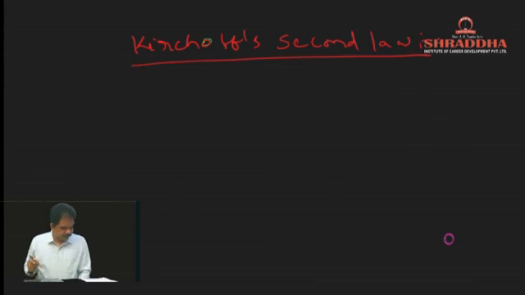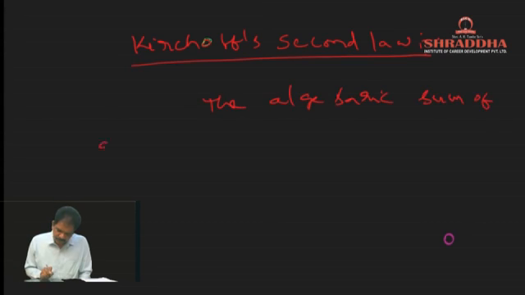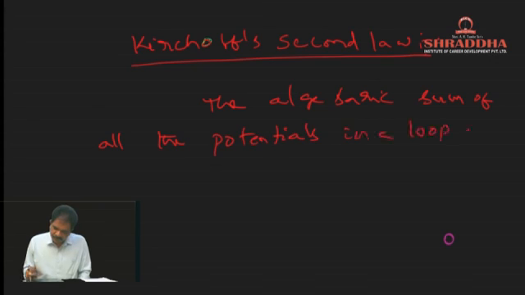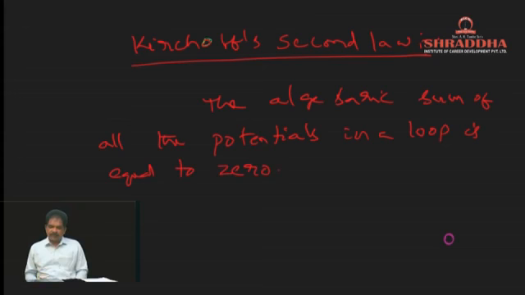According to this law, the algebraic sum of all the potentials in a loop is equal to 0. The algebraic sum of all the potentials in a loop is equal to 0.